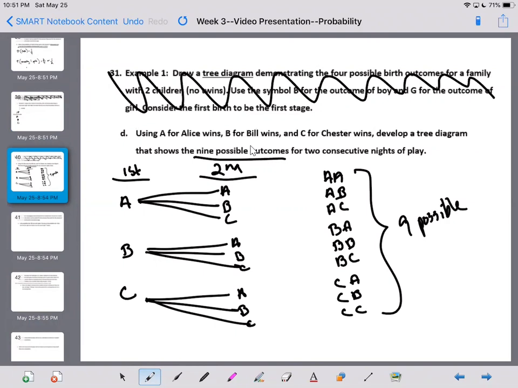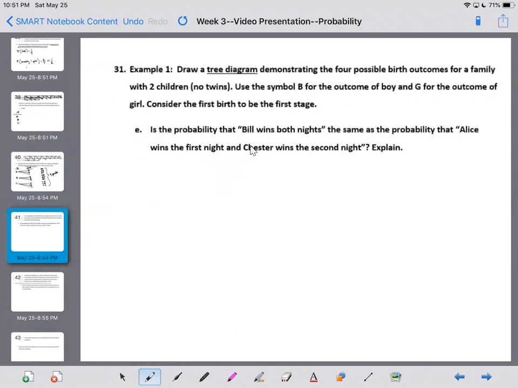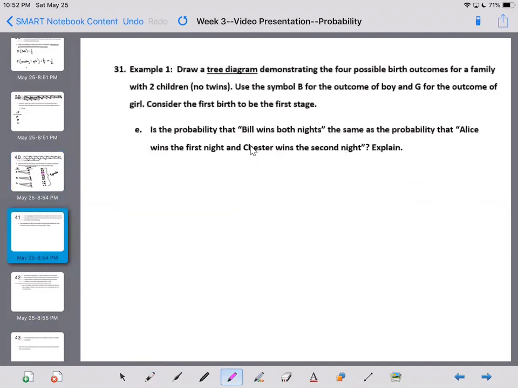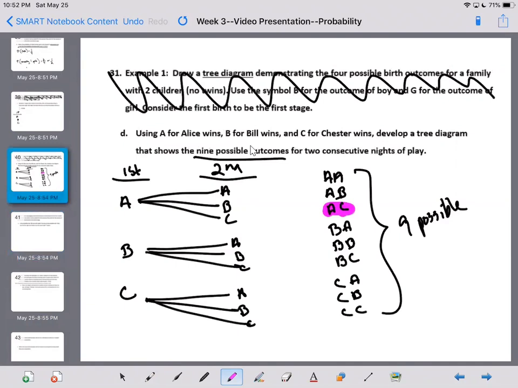And so is the probability that Bill wins both nights the same as the probability that Alice wins the first night and Chester wins the second night? Well, Alice wins the first night, Chester wins the second night is 1 out of 9. And then is the probability that Bill wins both nights the same? Well, here's when Bill wins both nights. So both of those are 1 out of 9.